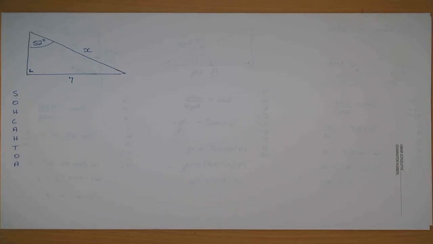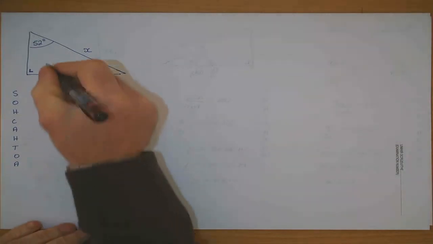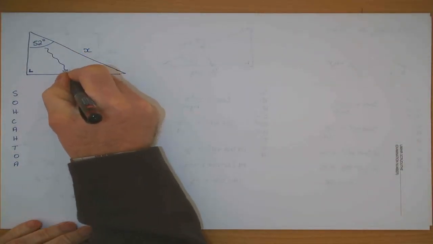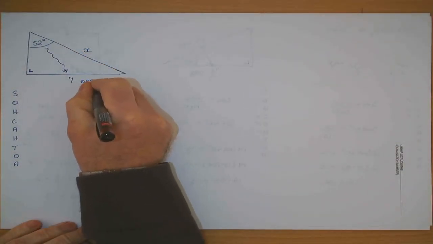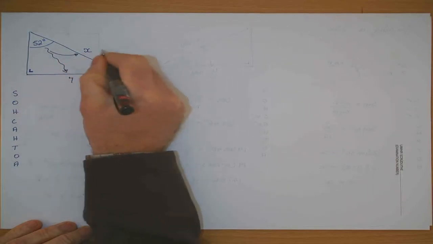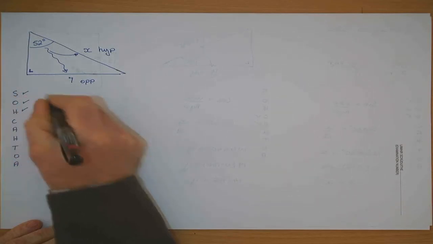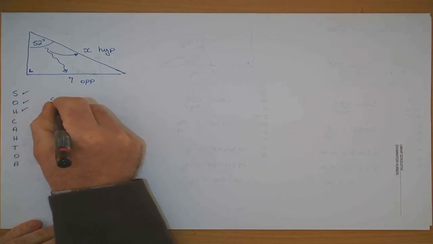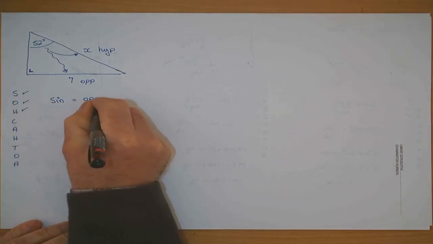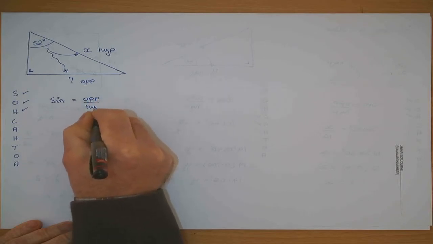Now what will tell you whether you use sine, cos, or tan? The sides. What side is that? The opposite. And what side is this? Hypotenuse. Opposite and hypotenuse? Sine.